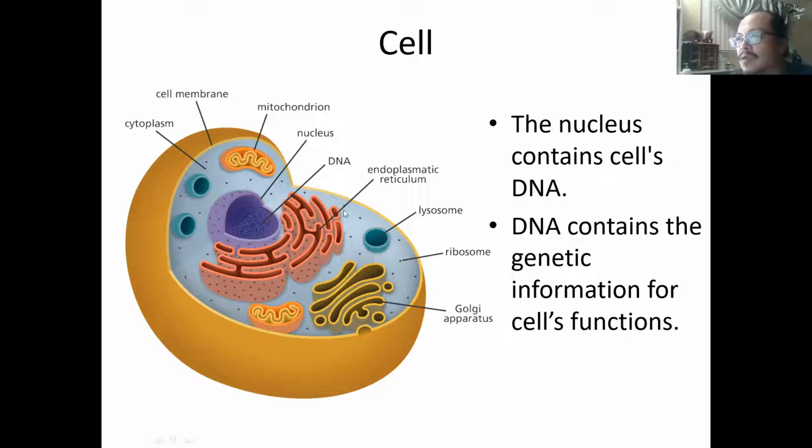So in a somatic cell, like typical body cells, we will have a pair of DNA sets. One set comes from mother, the other set comes from father. So we have two sets. Each set has 23 chromosomes. So a total body cell would have 46 chromosomes.